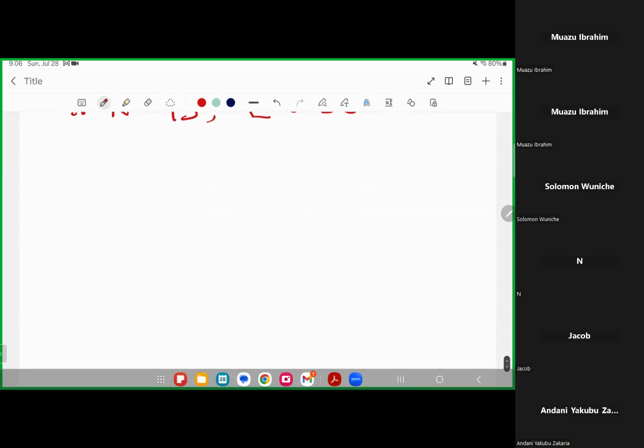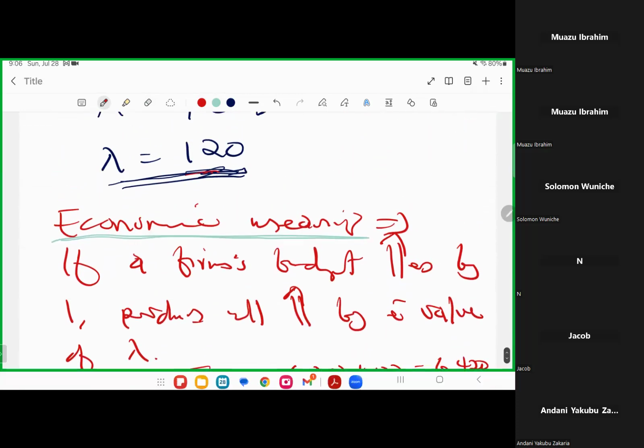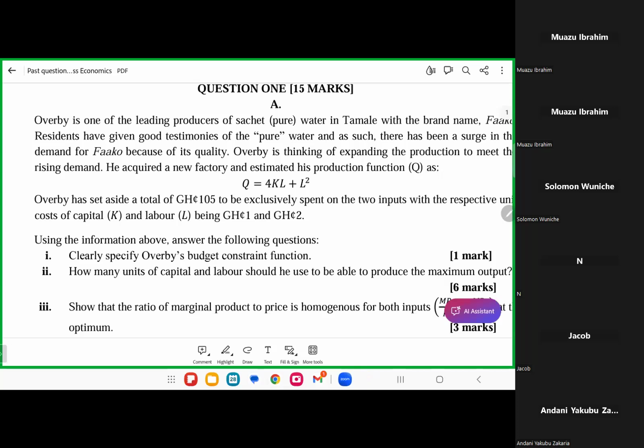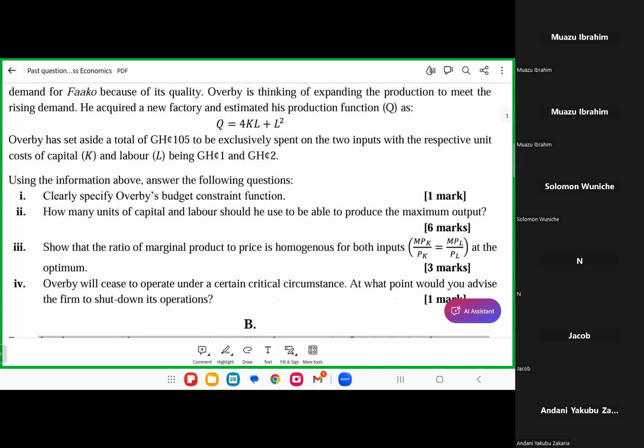Now let's look at the last part. The last part is saying we should show that the ratio of the marginal product to price is homogeneous for both inputs at the maximum, which means that the marginal product divided by price is the same for both inputs.